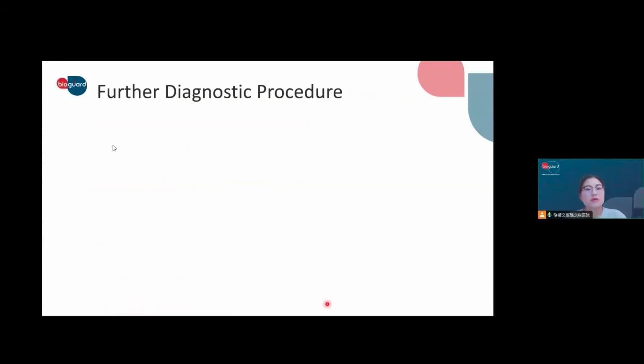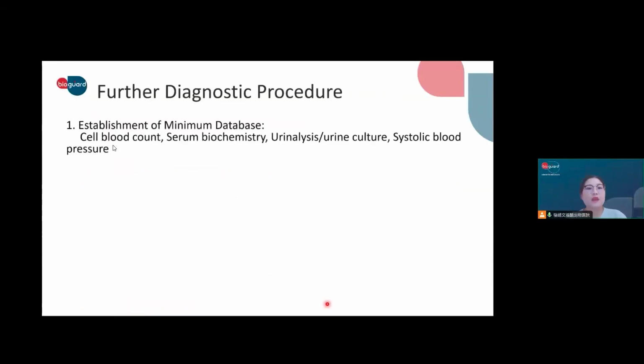We also need to do some further diagnostic procedures. First of all, we need to establish the minimum database, like complete blood count, serum biochemistry, urinalysis, urine culture, systolic blood pressure.